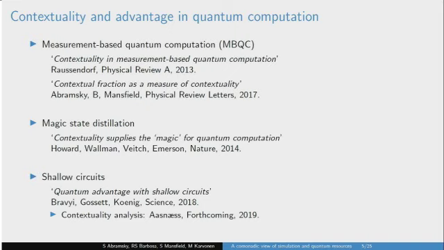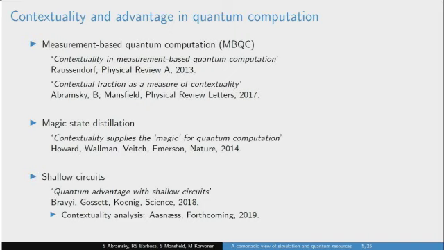A final example is a fairly recent work that caused a lot of excitement. Bravyi, Gosset, and Koenig managed to show an unconditional separation between quantum computers and classical computers in a somewhat limited setting. This doesn't solve the big questions in complexity theory, but the interesting thing is that they don't need any complexity theoretic assumptions to prove this.